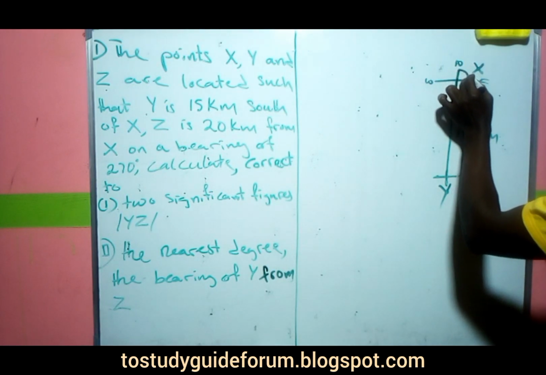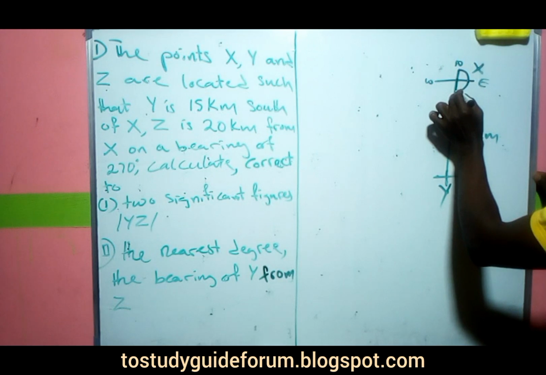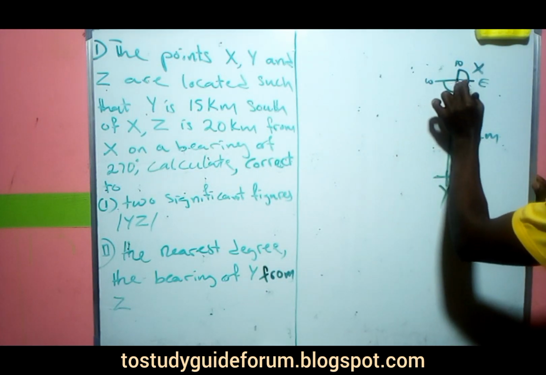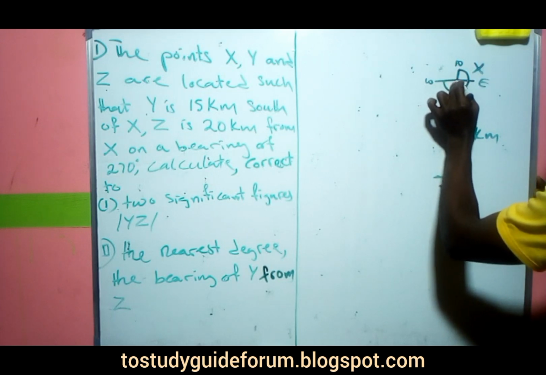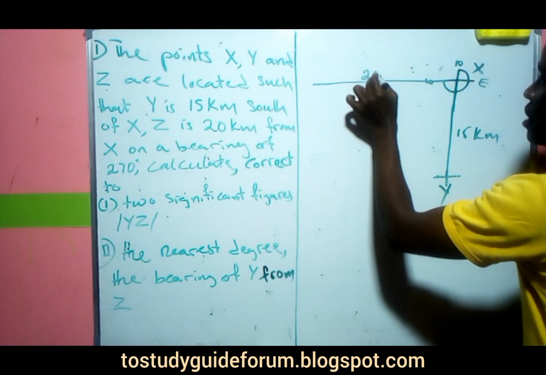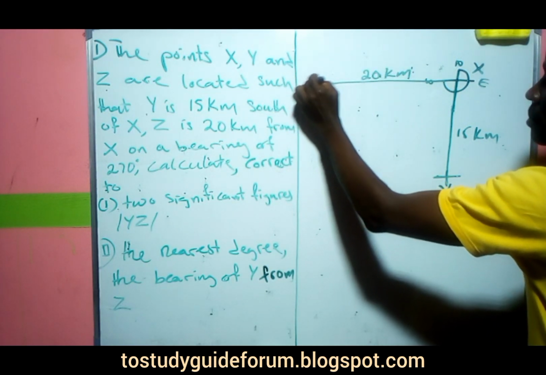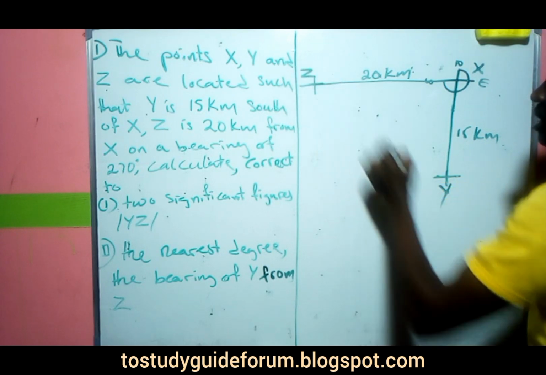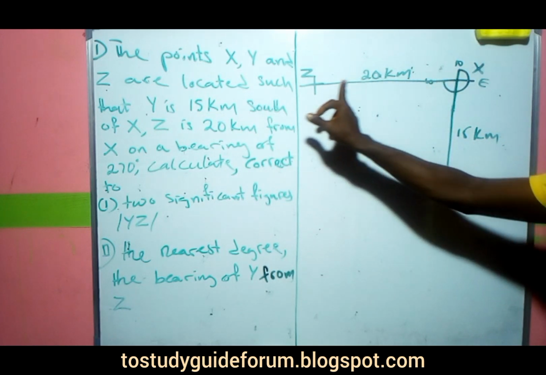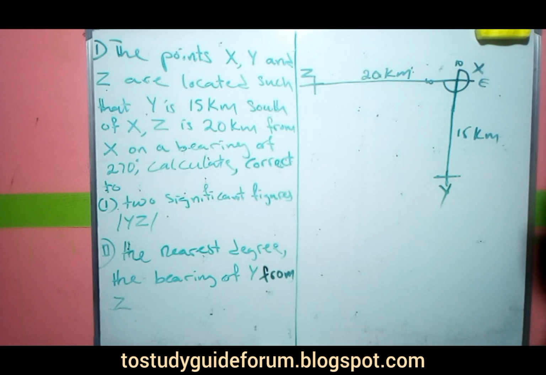From this point to here we have 90, another 90, then the next 90 here will give us 270. Along this bearing, once we have moved 20 kilometers, that is where we have our z.